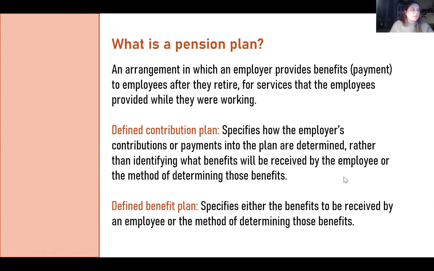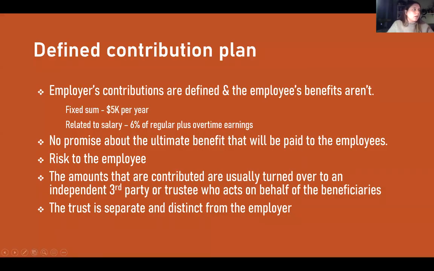So for the defined contribution plan, basically, it means that the employer's contributions are defined and the employee's benefits aren't. So that means that, for example, every pay, the employer puts 2% of the employee's salaries into a trust. So the employers know that each pay, they're going to put in 2% of the employee's salary.